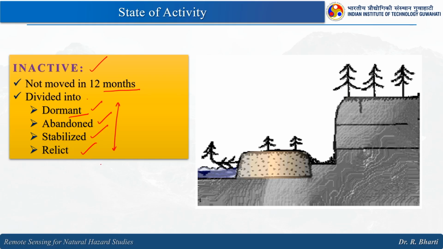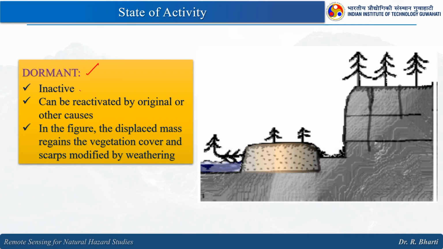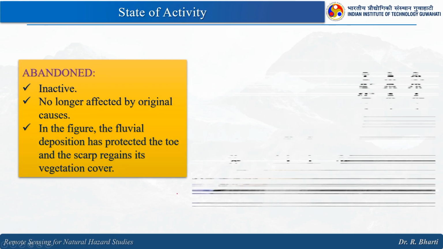When we say dormant, it is inactive but can be reactivated by original or other causes. In the figure, you can see the displaced mass regains the vegetation cover and escarpment is modified by weathering. The vegetation growth is taking place. This is the original one coming from here, and the vegetation has started growing here.